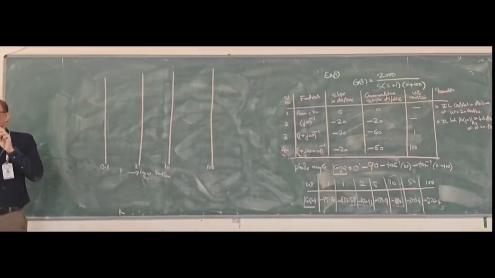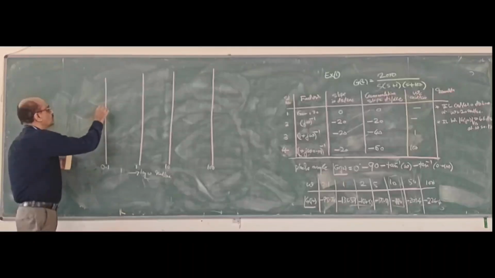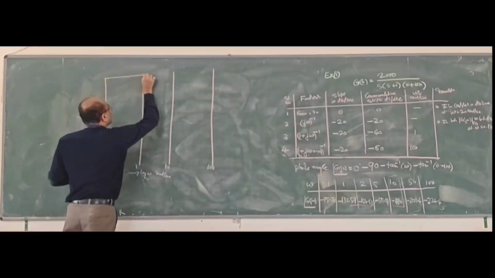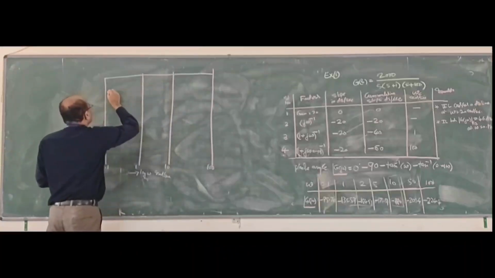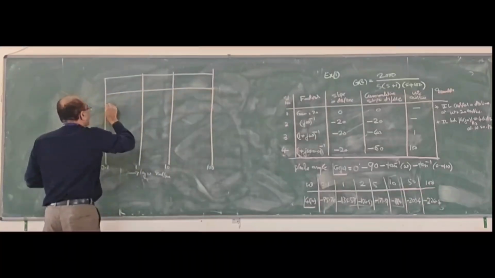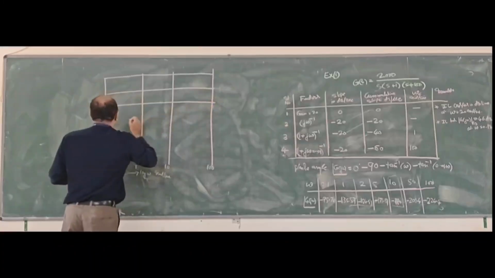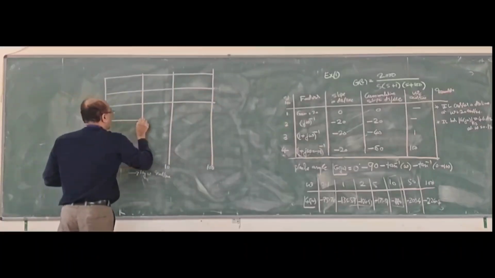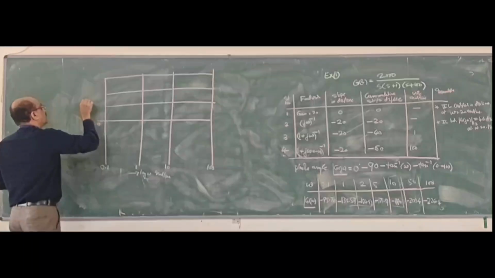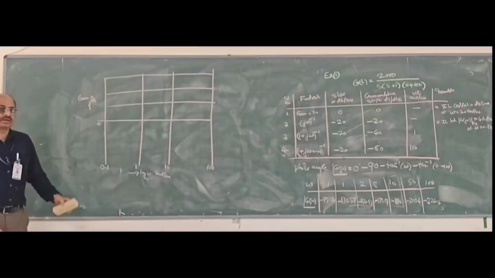Note that at 0.1 it is 46 dB. So I take a line like this. Maybe 10 divisions are there, and here I take 0 dB. Gain in dB.